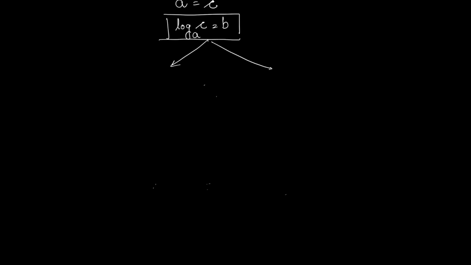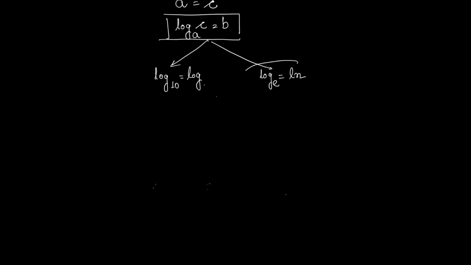First, we need to know what exactly log is. If we say a to the power of b is equal to c, then log base a of c would be b. That's what log is, but the two mostly used forms are log base 10, which is usually written as log only, and log base e, which is usually written as ln.